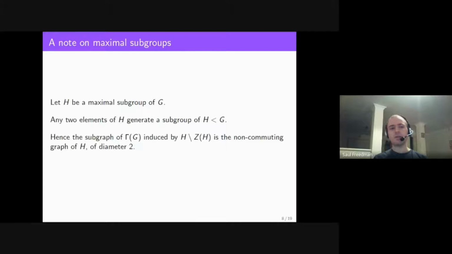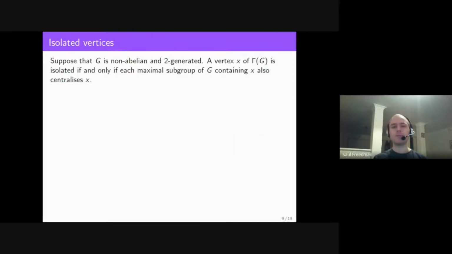Okay, so now we previously looked at the case where the graph has no edges, in other words, where every vertex is isolated, but in fact we can say something more general about isolated vertices. So we'll again assume that G is non-abelian and 2 generated.